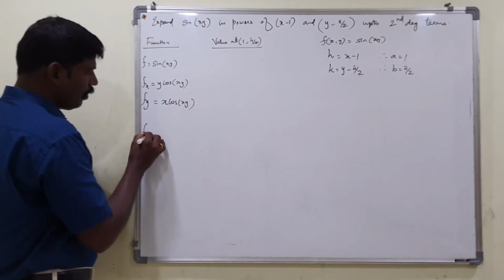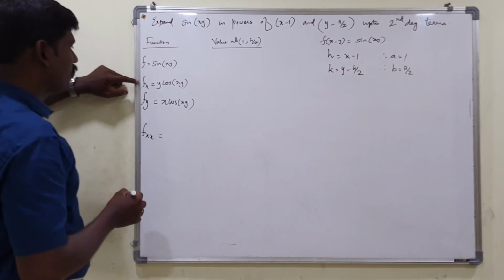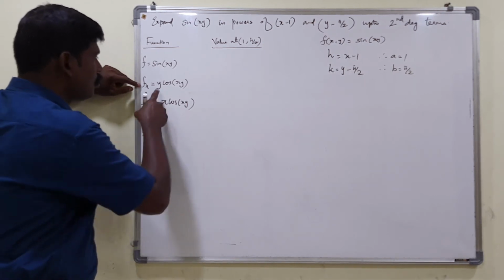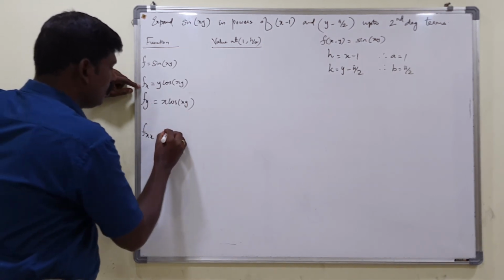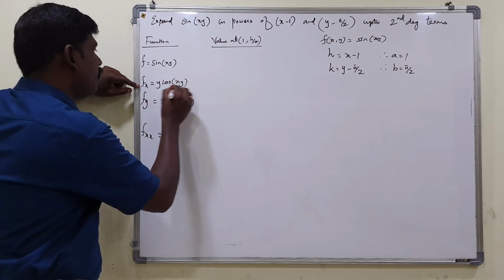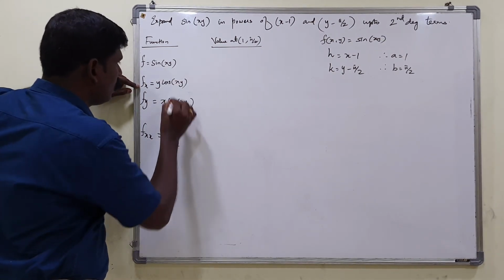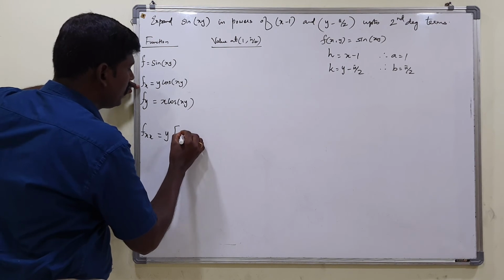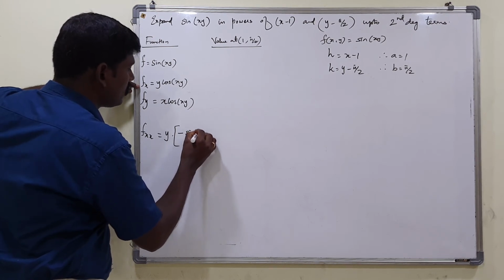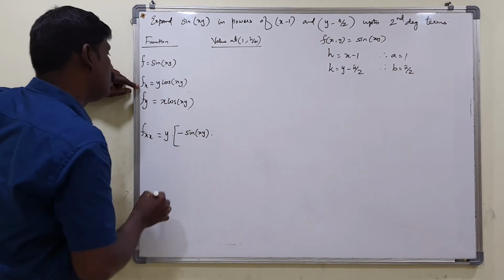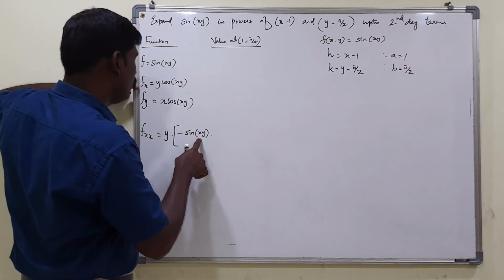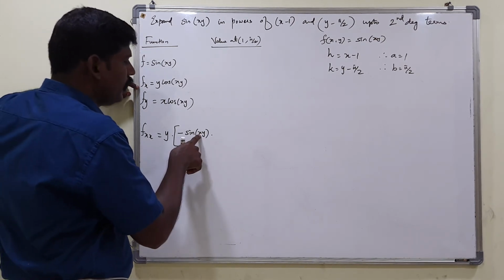And then f double x: fx with respect to x once again. So this y is constant, so keep it as same. So the derivative of cos xy becomes minus sin of xy into the derivative of xy with respect to x, which is 1 into y.